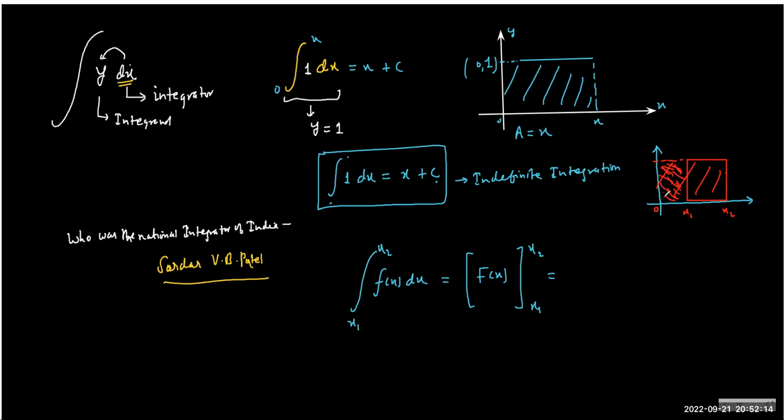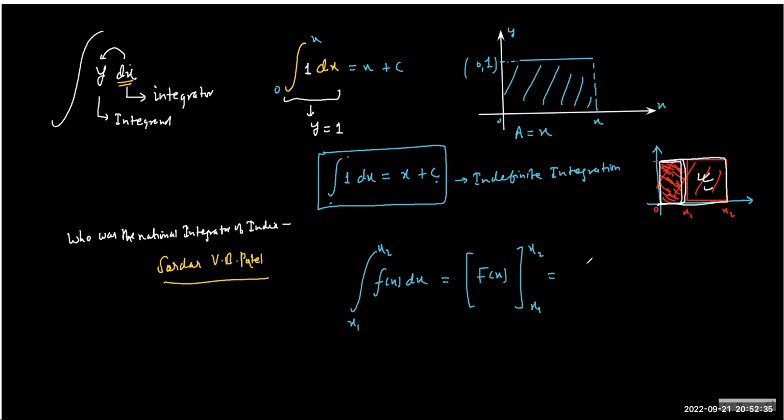Isn't it? If I subtract the full area minus this area, will I get the area between? Yes or no? So big area minus small area is equal to the area which I need, the desirable area. Understood? So the same logic goes here.